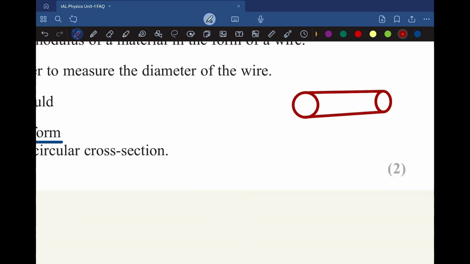Now if this circular cross section is completely circular, then it will have the same diameter from every orientation that we will be measuring, right? From, let's say, here, here, or here, it will give the same diameter value. So that's how we will make sure that the cross section is completely circular or not.